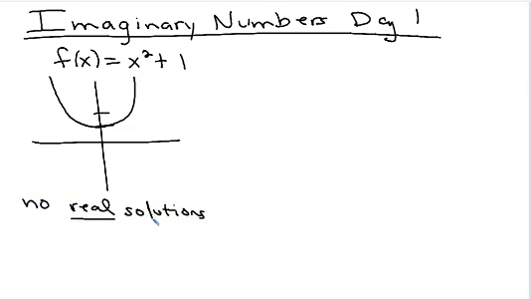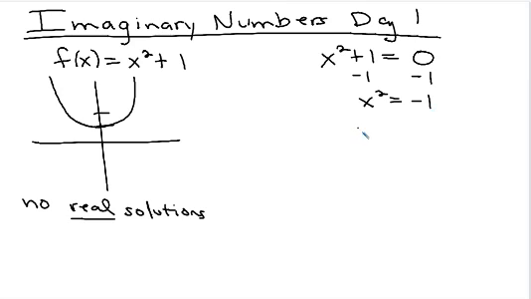There are no real solutions because if I tried to set that quadratic equal to 0 to find the x-intercepts, if I subtract 1 from both sides, I have x squared equals negative 1. And we talked about extracting the square root when we solved quadratics.